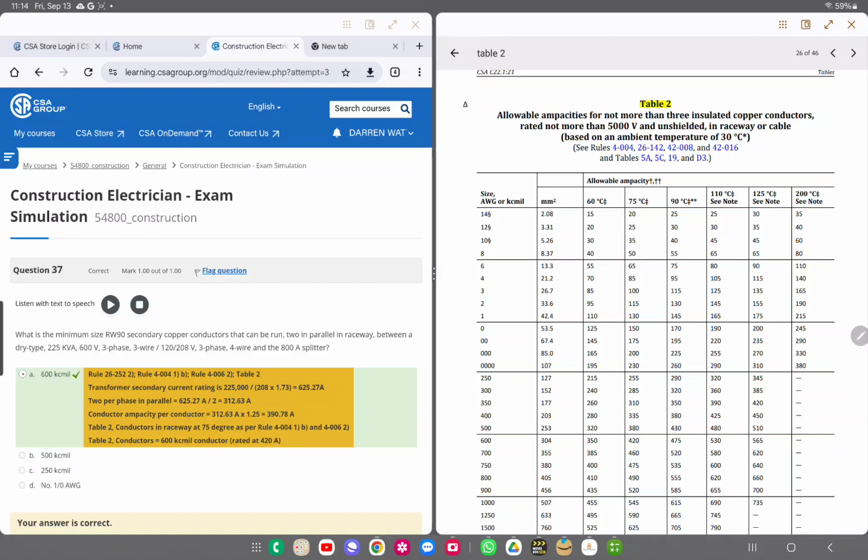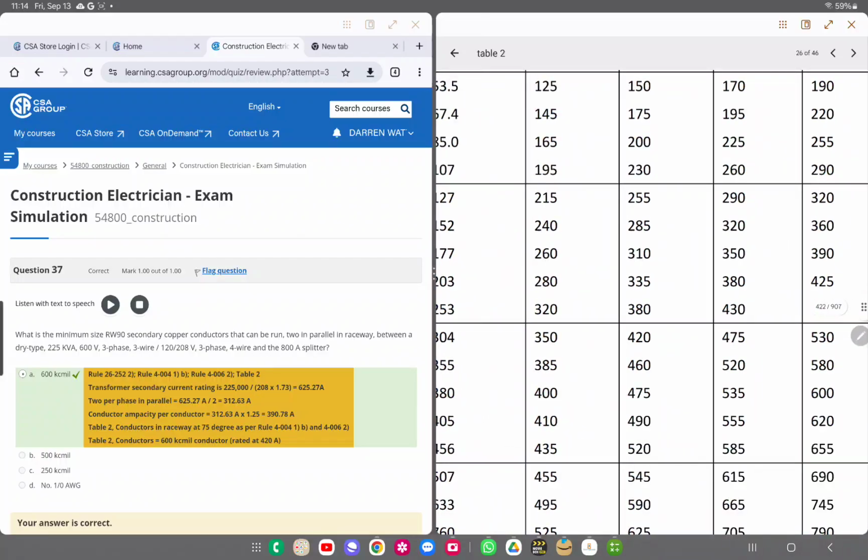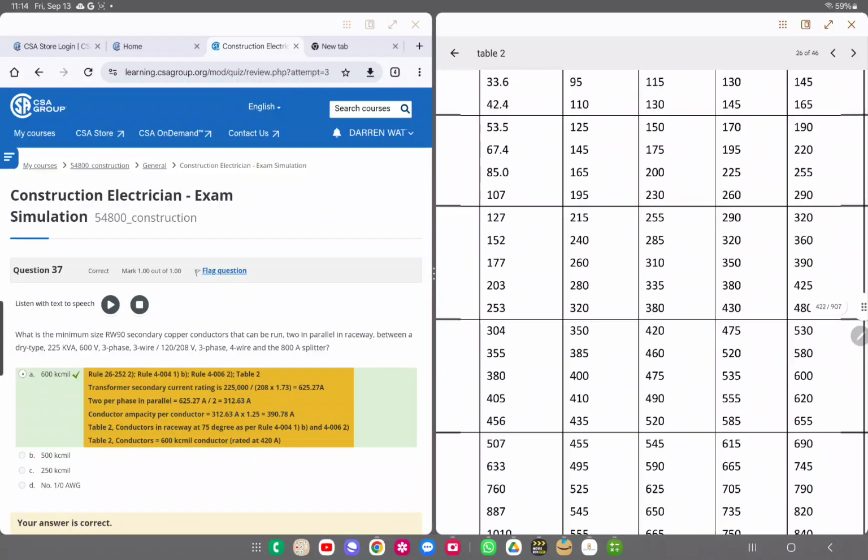Now Rule 4-006 says that if it's over 100 amps, we must use the 75-degree column. So we're looking at the 75-degree column, and we're looking at 390 amps. Is 380 good enough? No, it's too little. So we're looking at the 420.